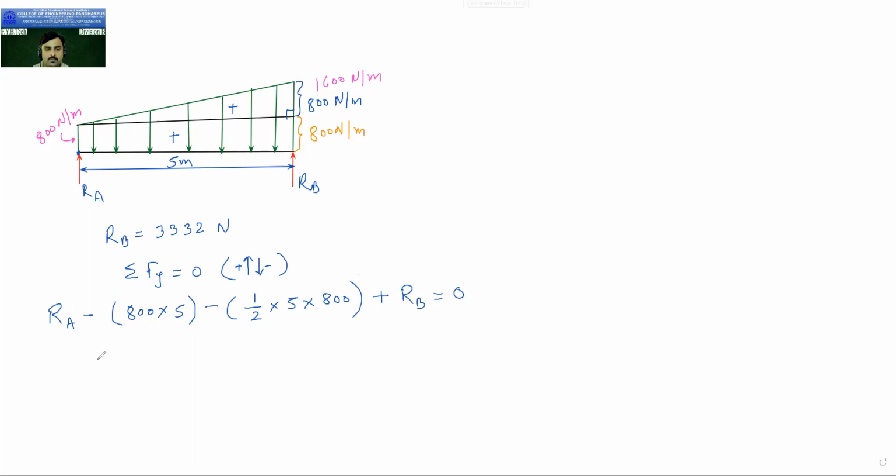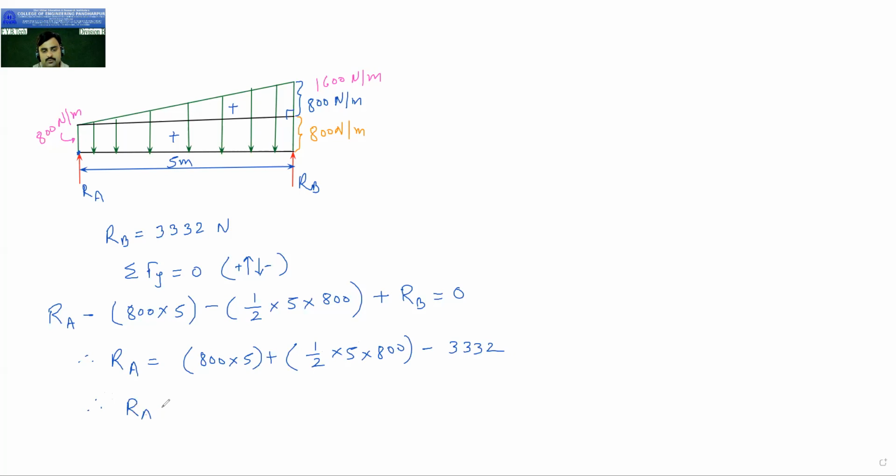Now put the value of RB and calculate the value of RA. Therefore RA is equal to 800 into 5 plus half into 5 into 800 minus RB, which is 3332.